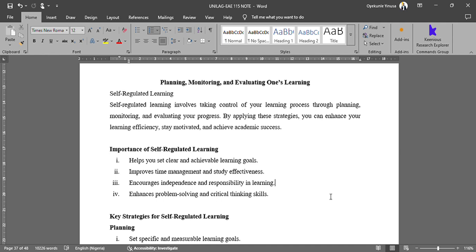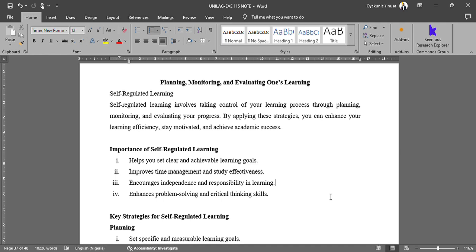So you can set clear objectives that will make you achieve those objectives in no time. It improves your time management and study effectiveness because you know the best time that works for you. Then you can now study effectively and achieve your learning success or learning goals.